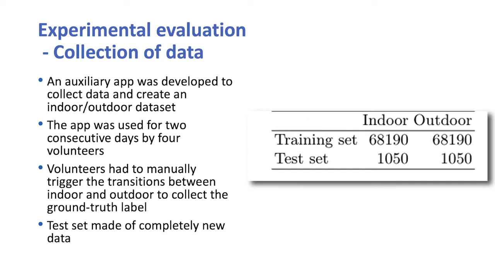The volunteers had to manually trigger the transitions between indoor and outdoor environments to collect the ground truth label. And it is important to notice that the test set is made of completely new data, so it is separated from the one included in the train set.